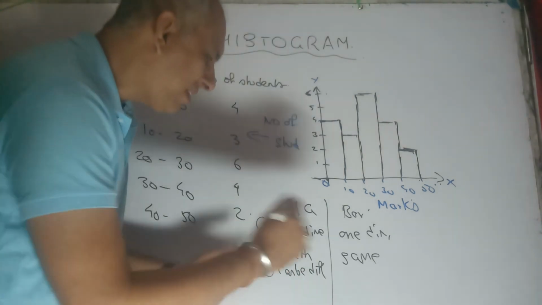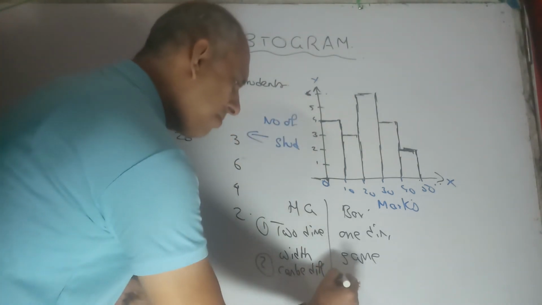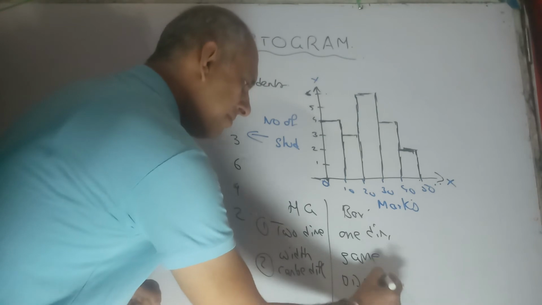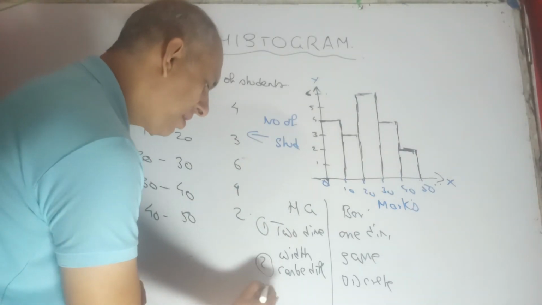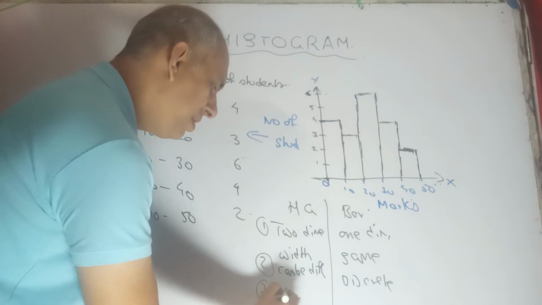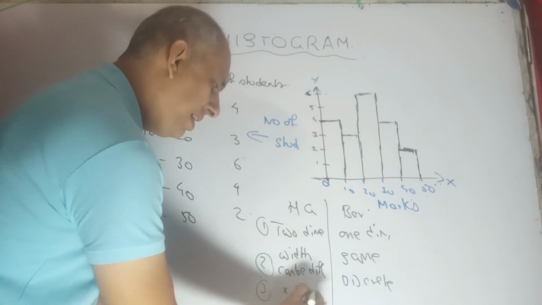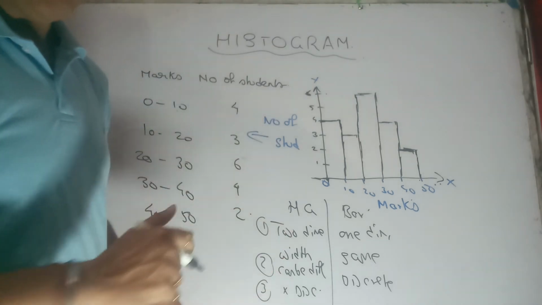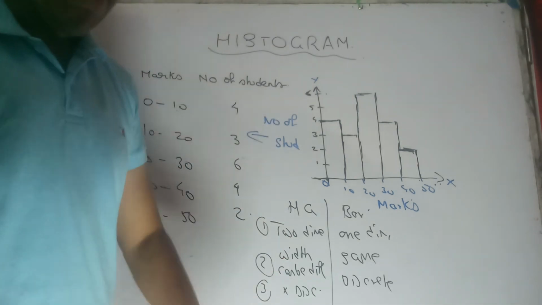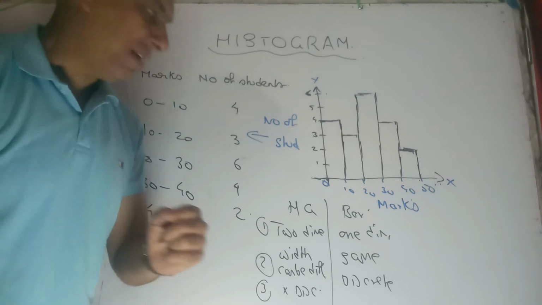Generally, discrete variables are not preferred for histograms. We generally prefer continuous one. So, discrete is generally avoided as far as the histogram is concerned. Am I clear? I hope all of you are understanding it.